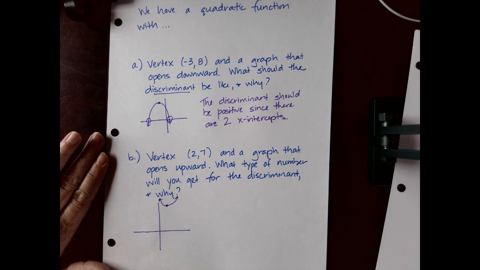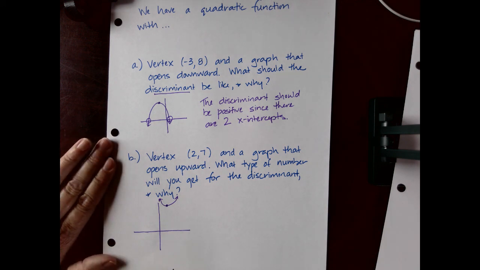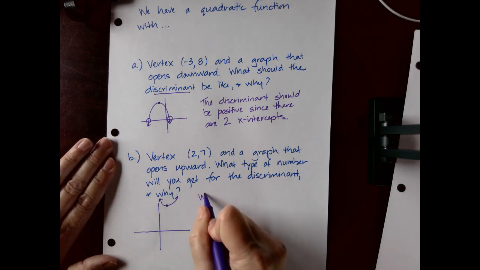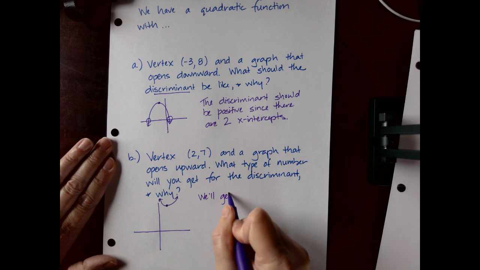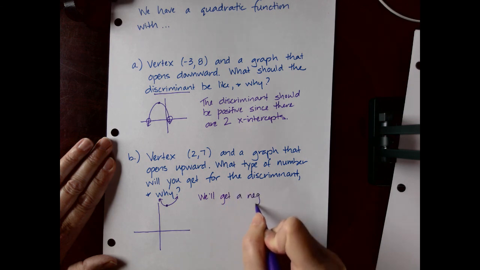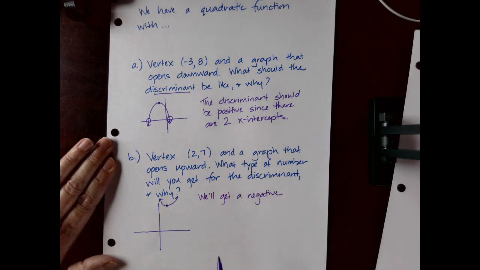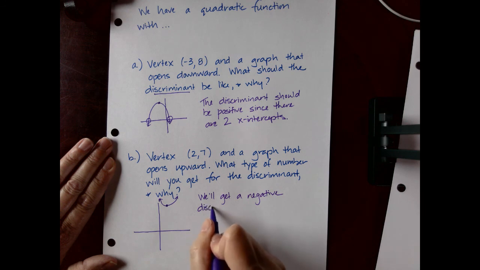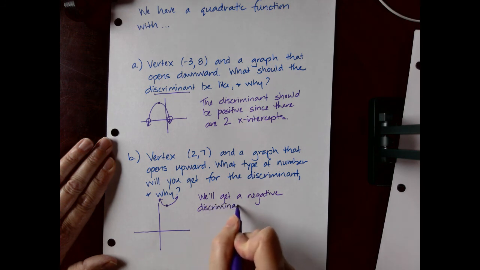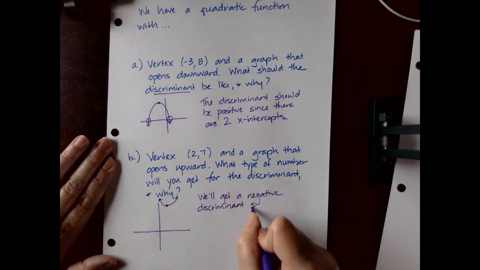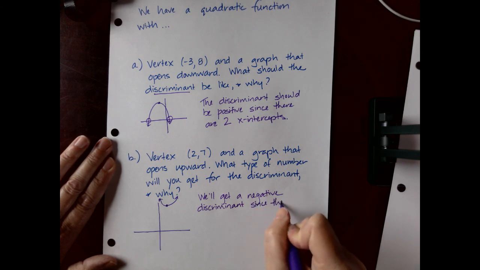That would be like solving with the quadratic formula and getting no real solutions. And so this means that that discriminant would need to be negative. We'll get a negative discriminant since there are no x-intercepts.